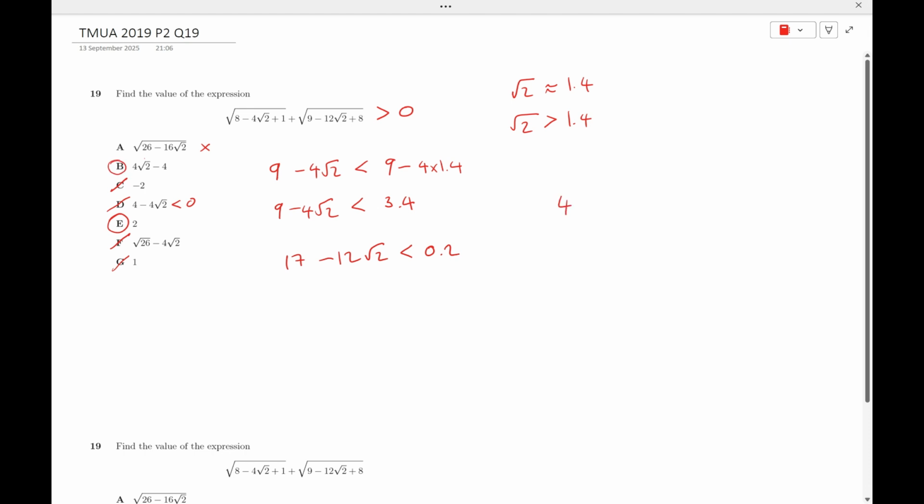But even 4 root 2 minus 4 is going to be bigger than 4 times 1.4 take away 4. So we can say 4 root 2 minus 4 is greater than 1.6. So that's a little bit bigger than 1.6, which isn't a complete giveaway, but we've reduced the answer quite a bit there.